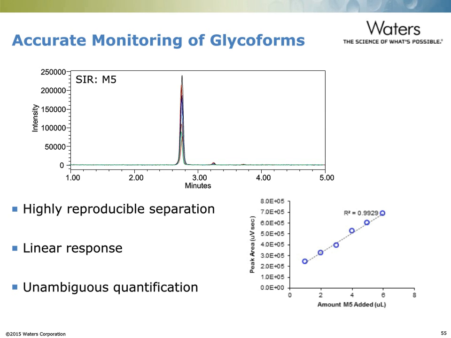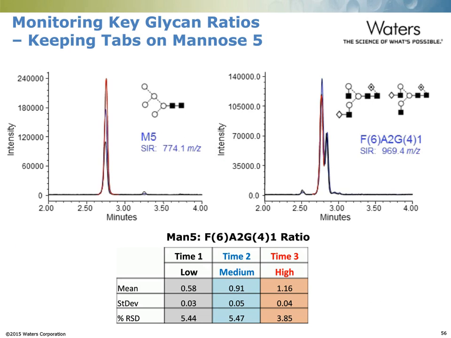If we apply that to a relative quantification experiment, in this case we have a mannose-5 that we've spiked into a sample of glycans, and then compare that to a structure which is not changing in intensity, or at least the structure that we want to have relative quantification against, we can see that at low, medium, and high levels, we can easily do relative quantification between those two structures.